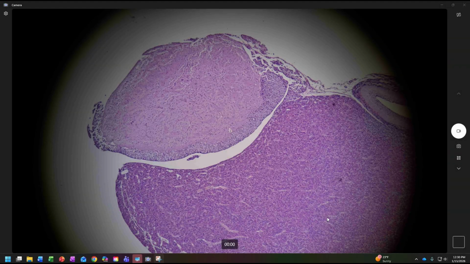Okay, so here is the first slide. Again, remember, the first goal we have anytime we walk up to a microscope is identifying what in the world we are looking at, and keeping in mind what you are being asked to know.